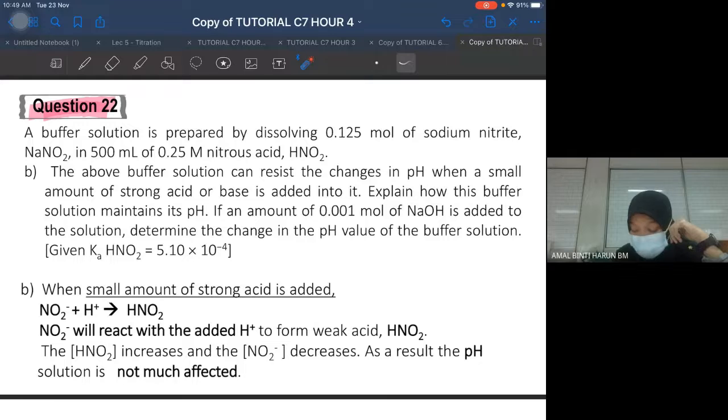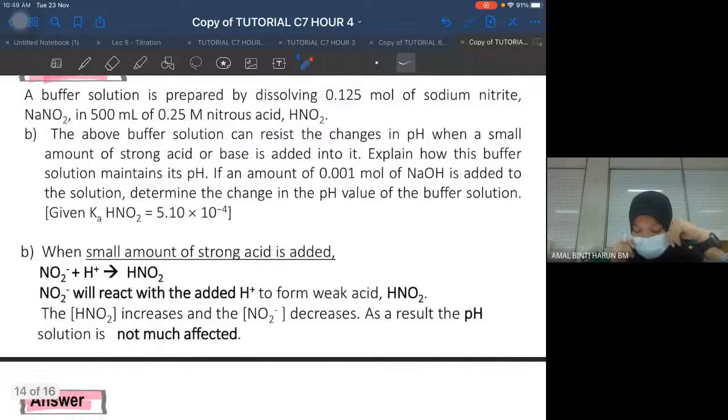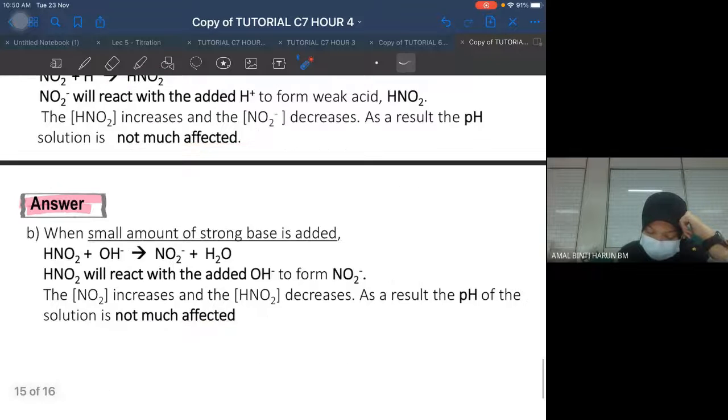Of course lah dalam objektif nanti tak ada explain kan. Tapi sebagai maklumat lah untuk menambah kefahaman. So the H plus added is being neutralized by the salt conjugate base. Okay, conjugate base dia NO2 minus. So ni positif, ni negatif, memang suka lah bergabung. Ni the concentration of H plus ni sepatutnya tinggi. Sekarang direndahkan bila dia combine dengan NO2 minus. So pH is not much affected.